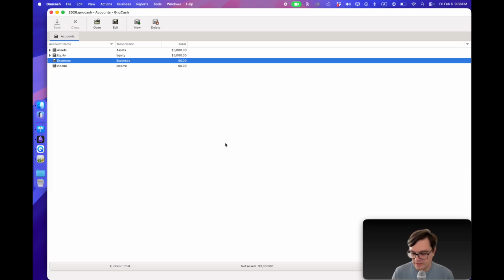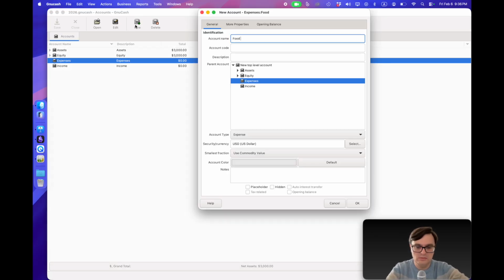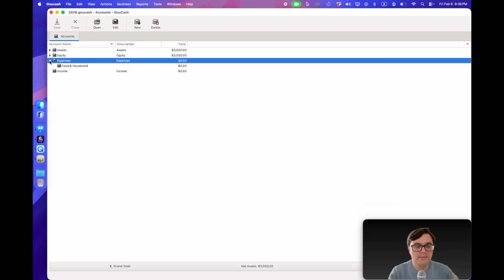So let's just create our system, whatever we had on the paper, and let's do it one by one. The first one was food and household. Okay, you can expand expenses, and you can see it's created under expenses.